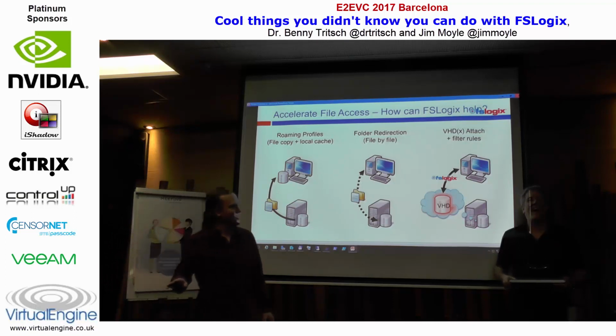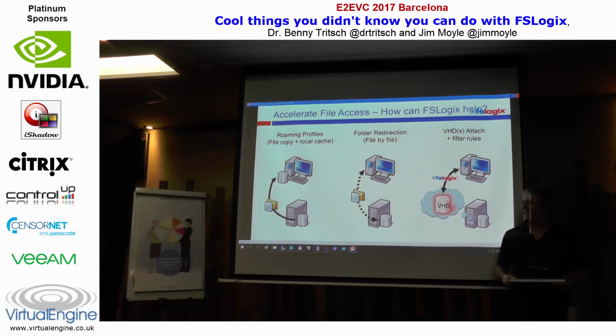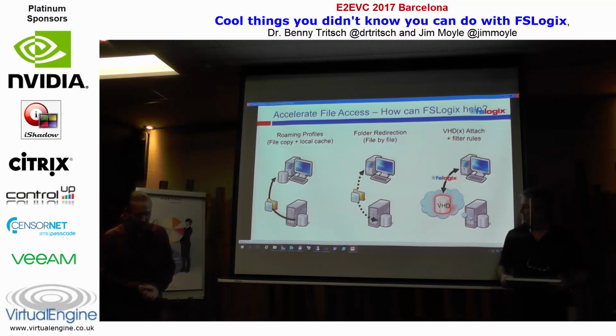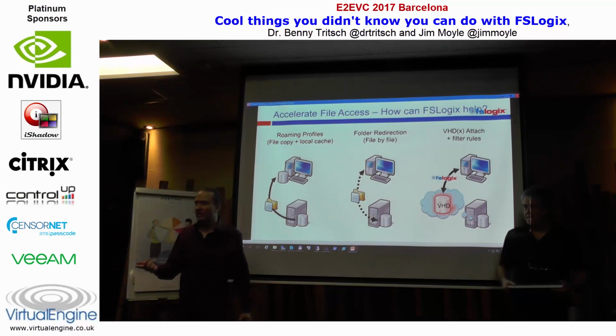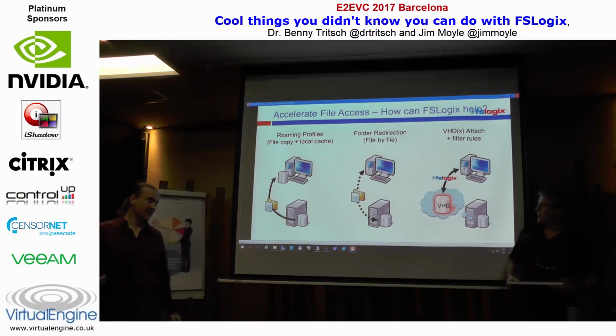Can't believe I just said that. But you want to make sure you're not overwhelming your storage with all those file actions. And because your files are now in a VHD or a VHDX, you're holding a single file open.